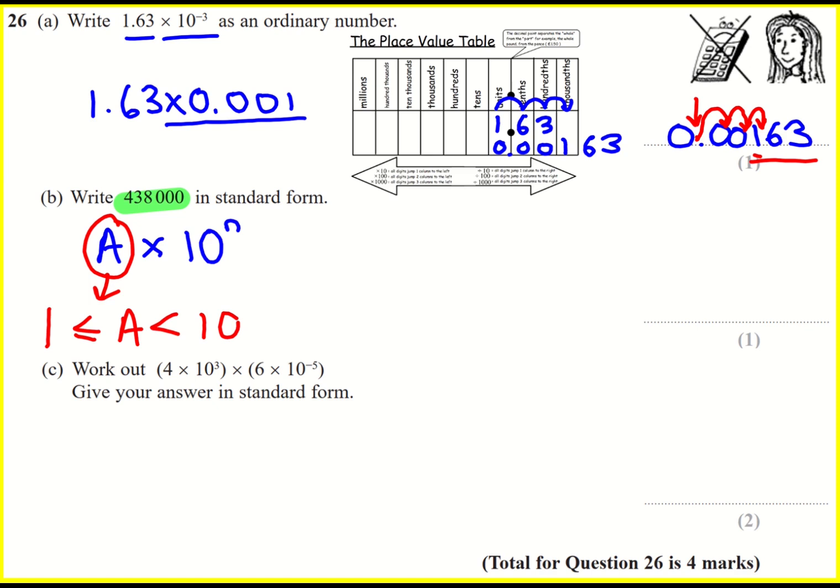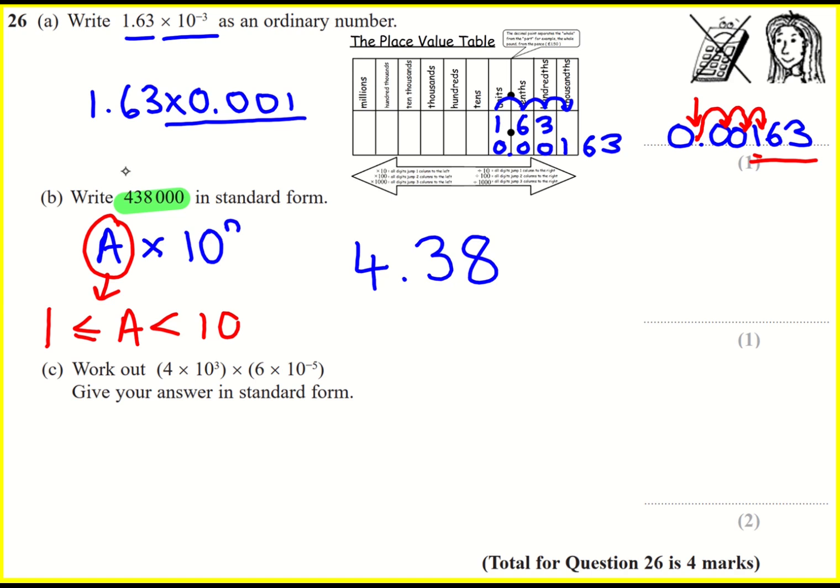So the only number I can get out of 438,000 that is greater than or equal to 1 but less than 10 is 4.8. Not 4.8. 4.38. I was distracted by my pen there. 4.38.